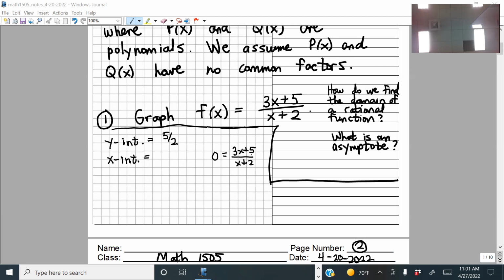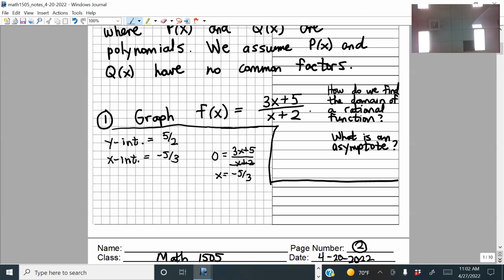So to find the x-intercepts for rational functions, you just set the numerator to 0. You're really just solving 3x plus 5 equals 0, and that's easy to solve. What are the solutions? Is that minus 5/3? Just subtract 5 from both sides and divide by 3. So you get minus 5/3. A nice x-intercept. There's only one: minus 5/3.